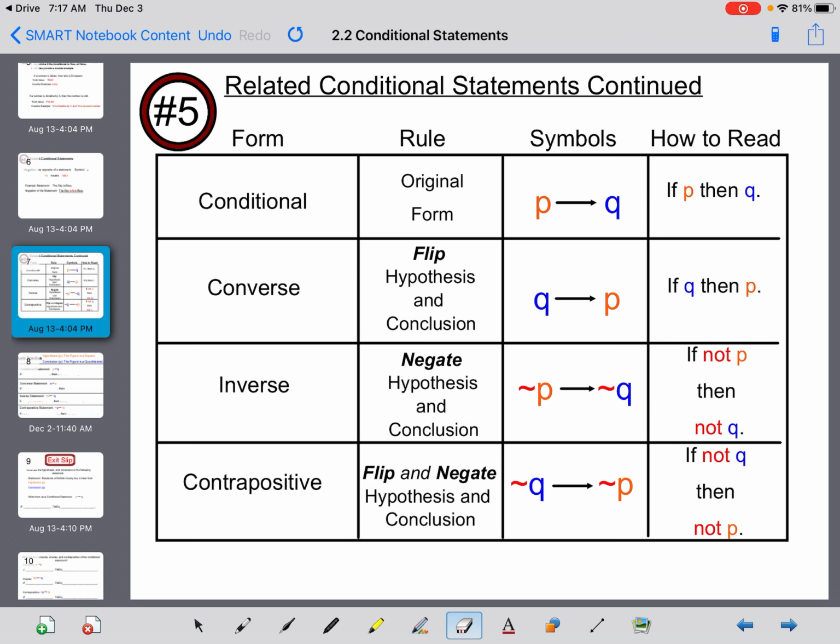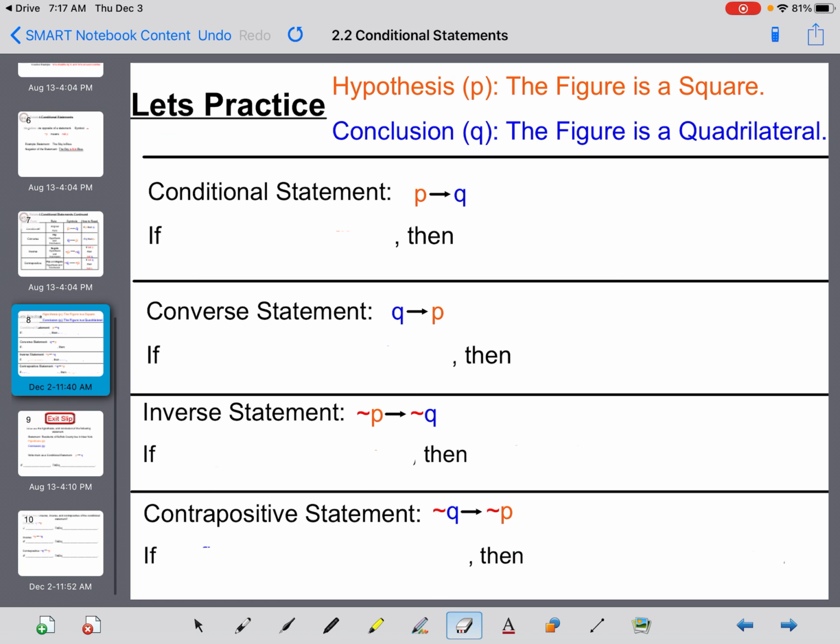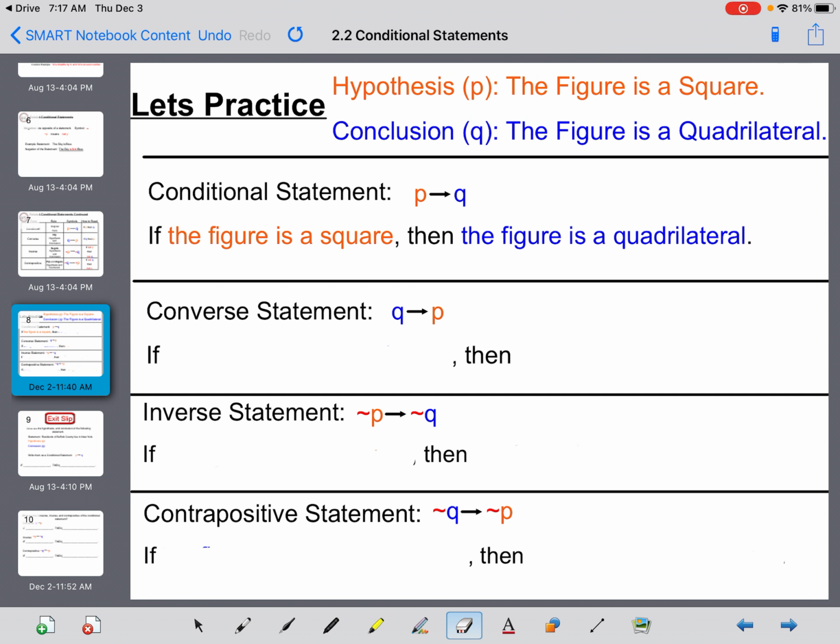All right, we're going to practice these and put it into a visual for us. So here's our hypothesis: the figure is a square. The conclusion is the figure is a quadrilateral. So our conditional statement, our original form, P then Q, would be: if the figure is a square, then the figure is a quadrilateral. The converse statement is Q then P: if the figure is a quadrilateral, then the figure is a square.